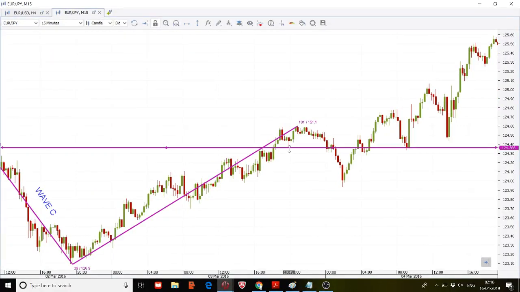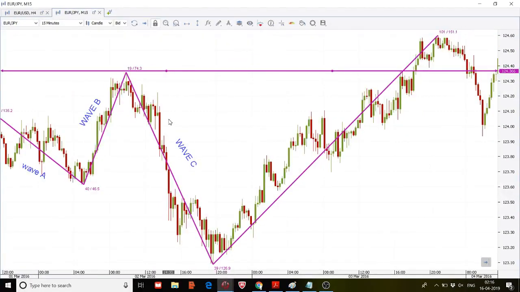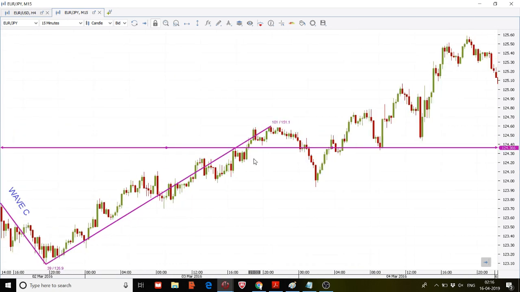You have got the support around these levels, because as soon as the instrument passes those resistance levels, they act as support. So you have got the support here, 124.366.